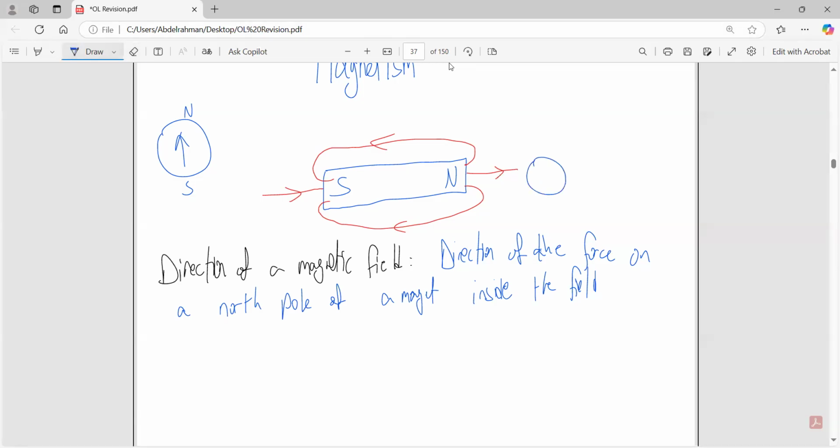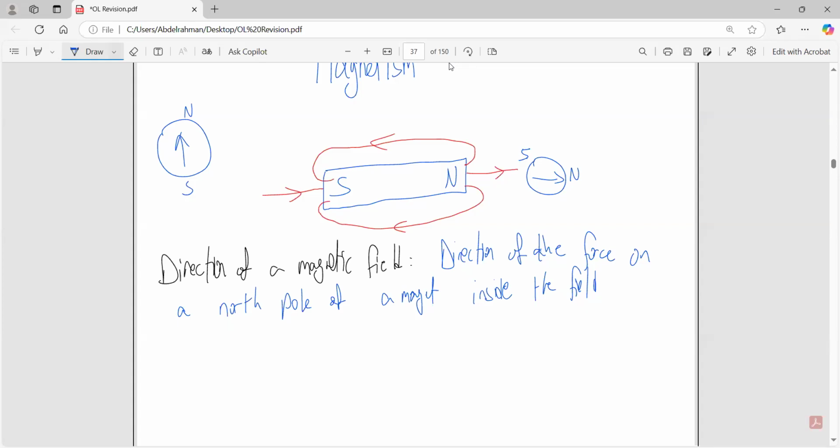In which direction would it look? It would look to the right. Why? Because the south pole of the compass is attracted to the north pole, so the force on the north pole of the compass is to the right, and that's why we drew the arrow to the right.